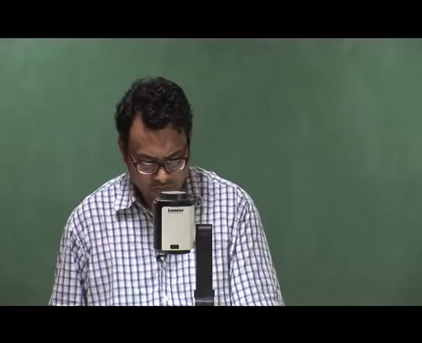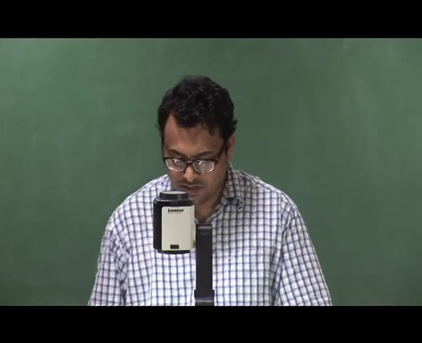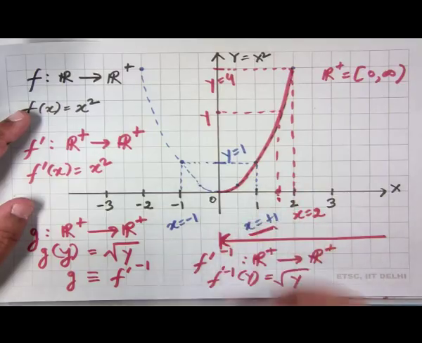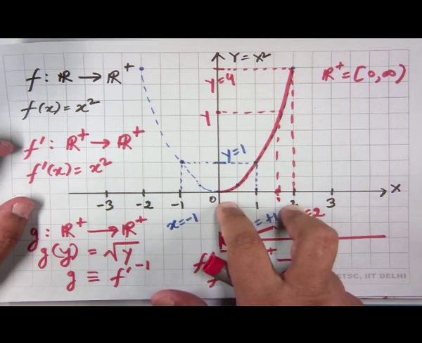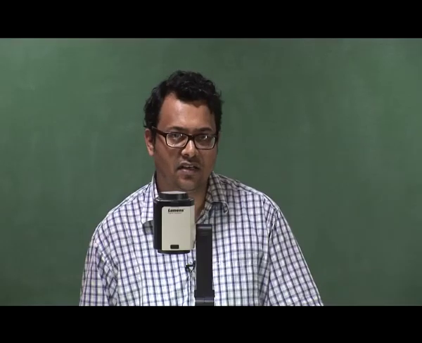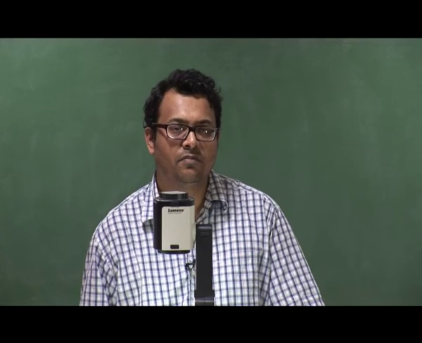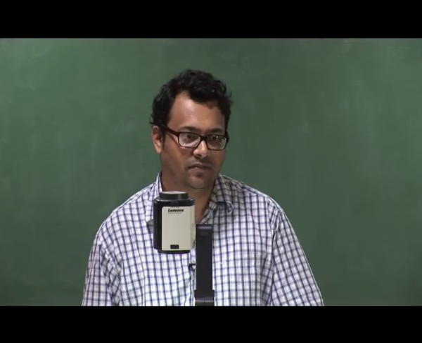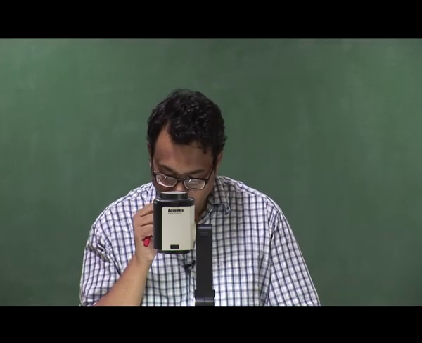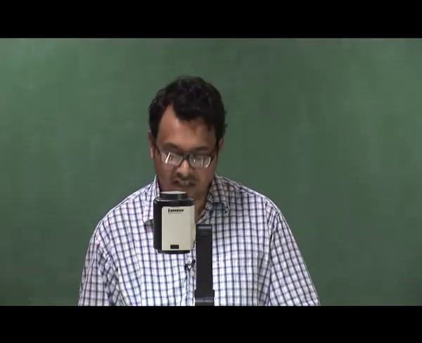So, now we are going to use the same method of restricting the domain of the function such that the range does not get altered, but then the inverse should be meaningfully defined. So, the whole trick here is to restrict the domain of the function.